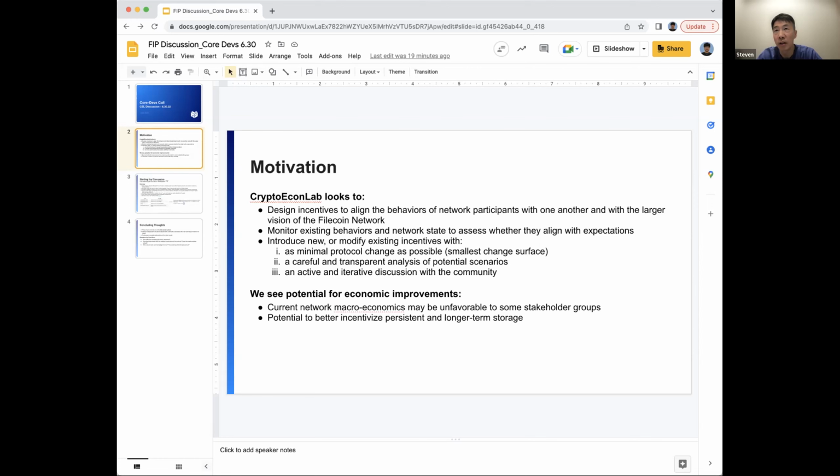Another thing: basically, I agree that we need to encourage the storage providers to store the data longer and to keep the network stable. But at the same time, in principle, the initial pledge collateral is for the service quality, to guarantee the service can be fulfilled, right?